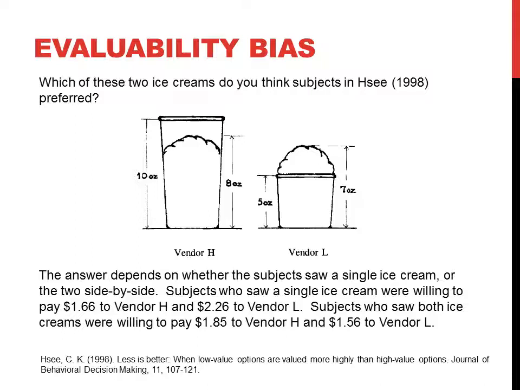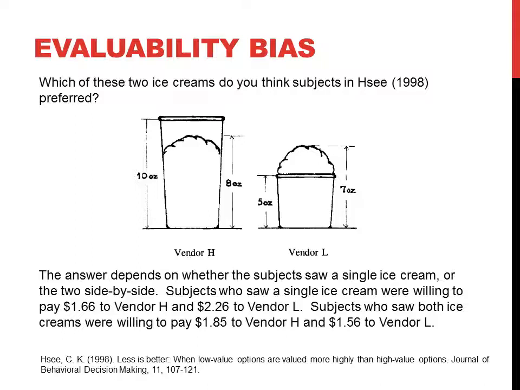When the subjects looked at just the one from vendor H and just the one from vendor L, they were willing to pay $1.66 to vendor H and $2.26 to vendor L. However, subjects who saw both of them simultaneously were willing to pay $1.85 to vendor H and $1.56 to vendor L. So what we see is that we tend to evaluate alternatives based on easy to ascertain characteristics.